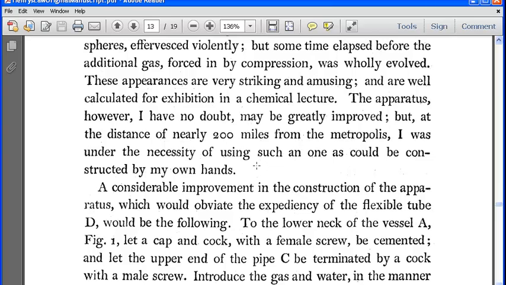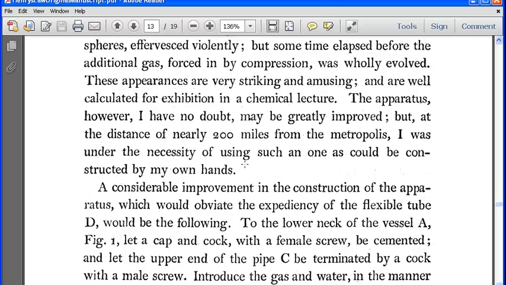That would be equivalent to you're doing some research in Binghamton and you want to do some experiment. It requires a particular kind of apparatus. The specialized tools would be in New York City, but you couldn't travel there because it was 200 miles away, and you had to build the apparatus here in Binghamton with your own hands. Such were the trials of trying to do experiments back then.